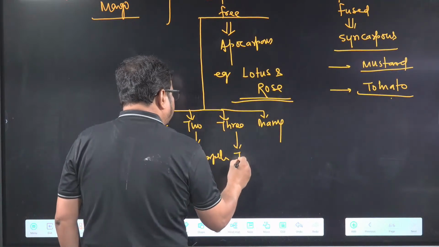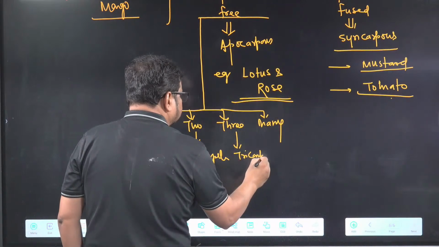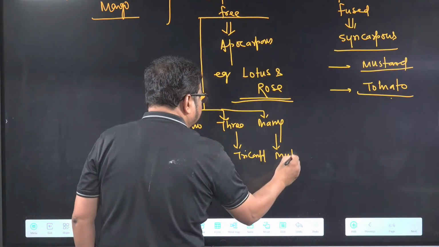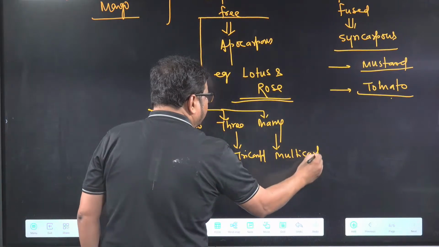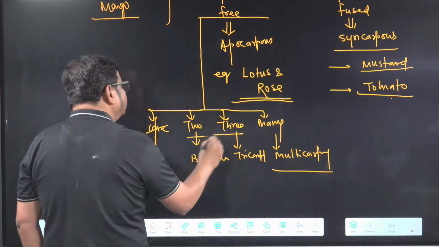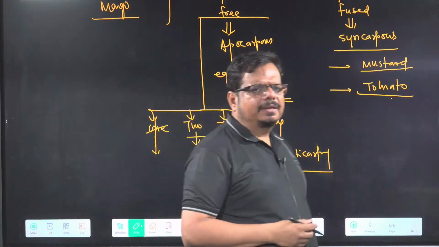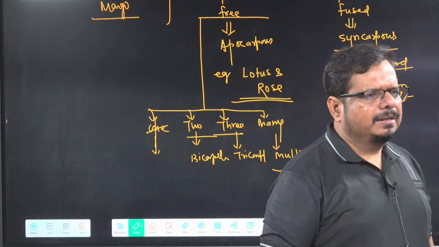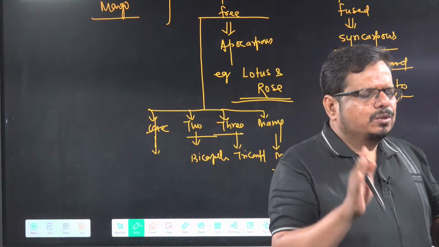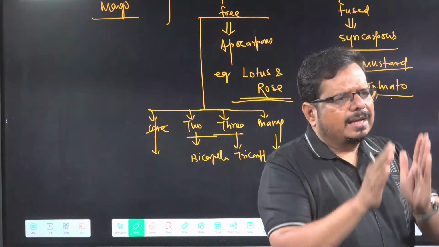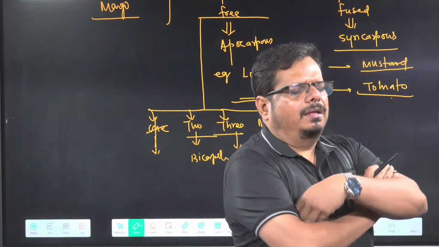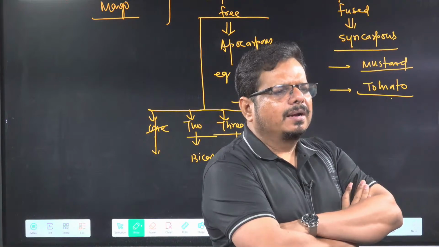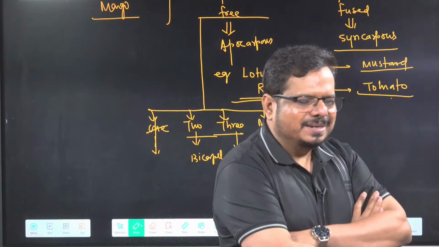Three is tricarpellary. Four or many is multicarpellary. So based on the number of carpels, we can classify: bicarpellary, tricarpellary, multicarpellary. When three carpels are there and fused, we use the words tricarpellary and syncarpous.